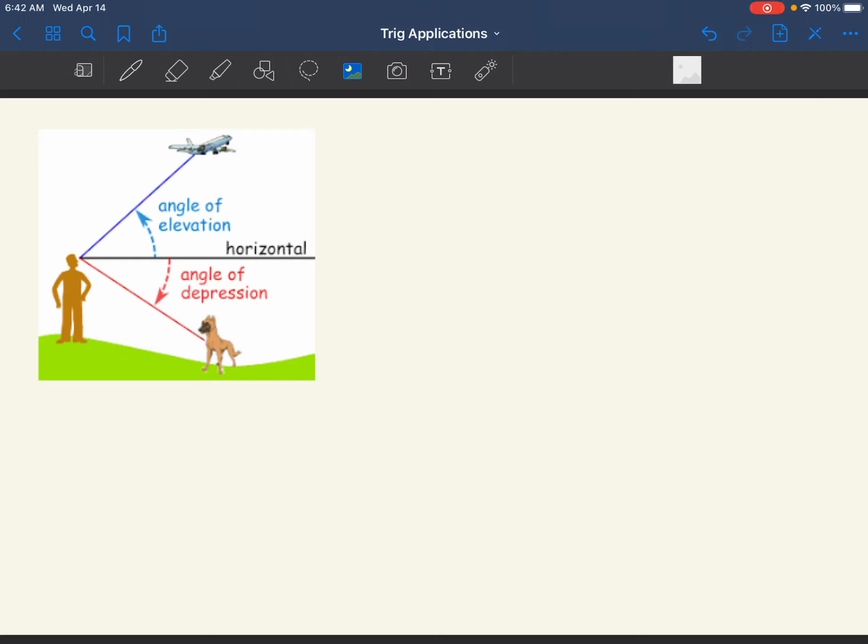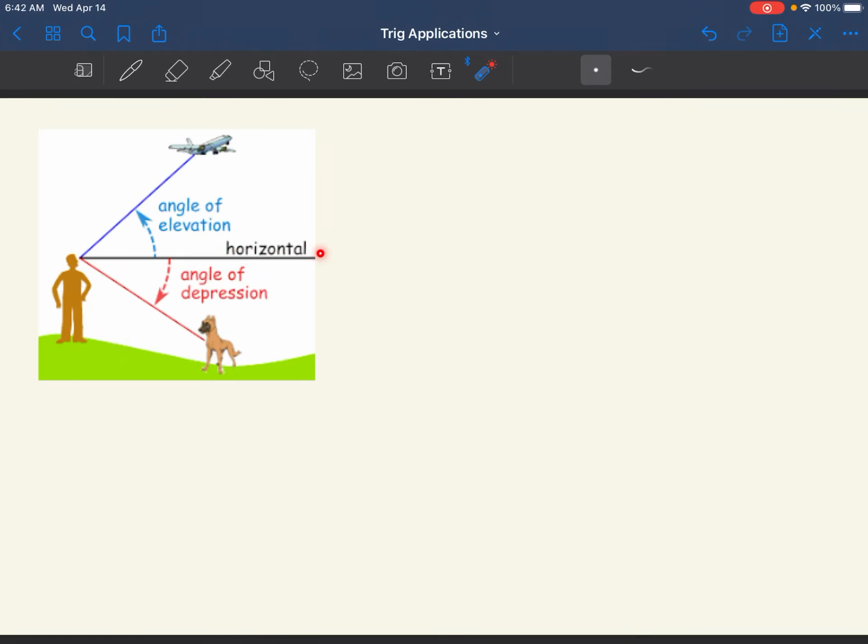So the angle of elevation goes from the horizontal up. So here we have a person. At first, they're looking straight ahead.